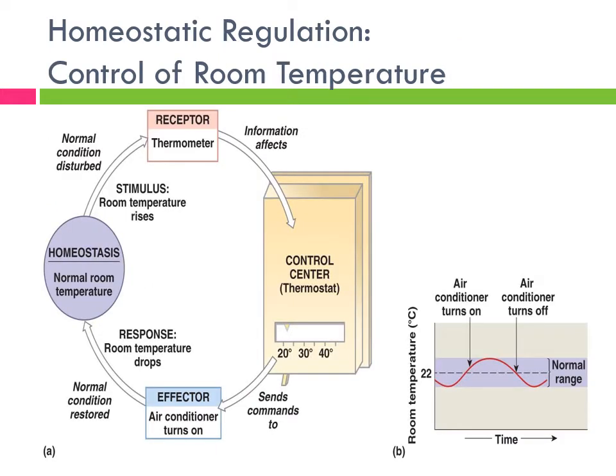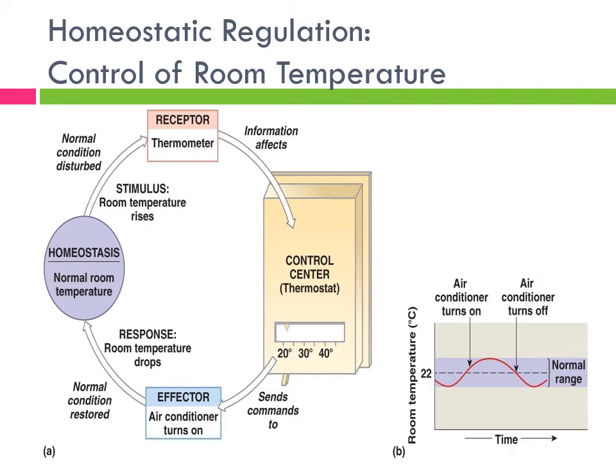So this picture here is a good way to understand homeostasis. On the left in the purple bubble, it says homeostasis, normal room temperature. So here we're looking at the temperature in a room. Homeostasis is trying to keep us at that normal level. And so this works outside the body in this instance, but we have these mechanisms inside the body for multiple different scenarios.